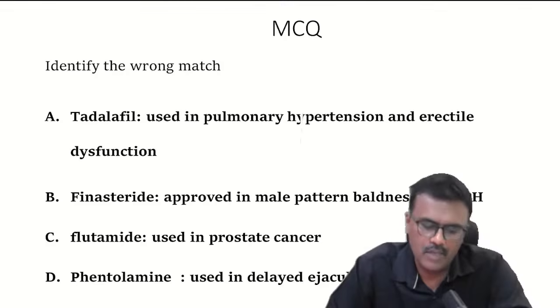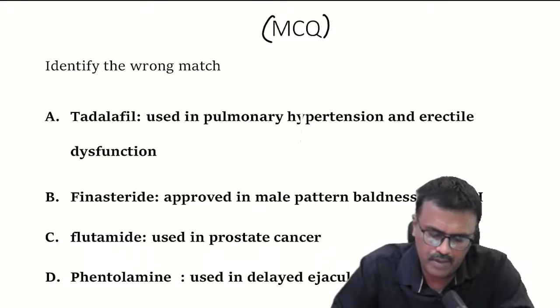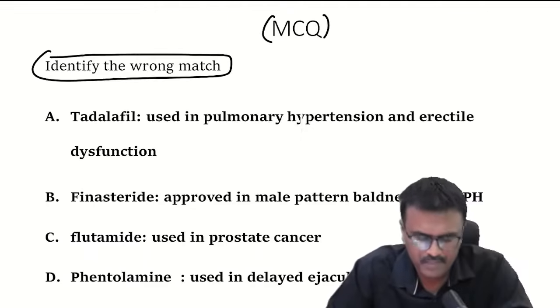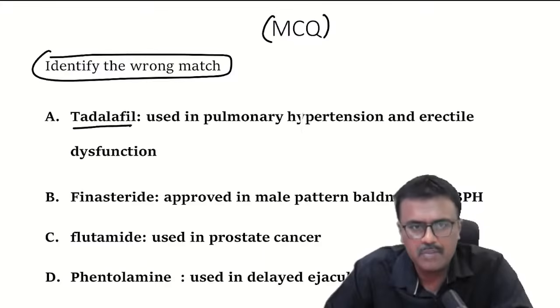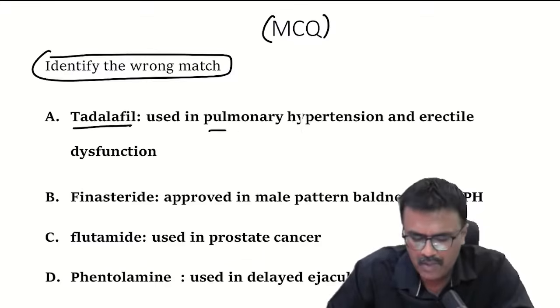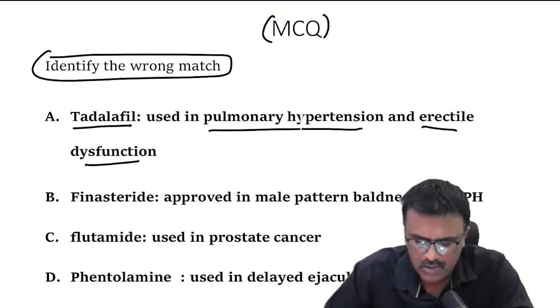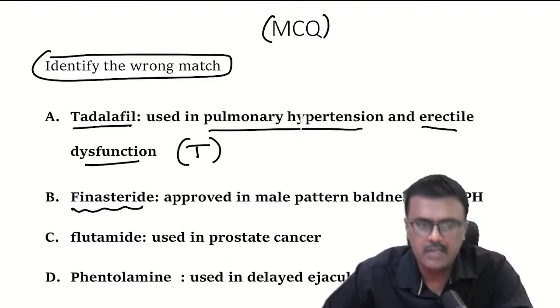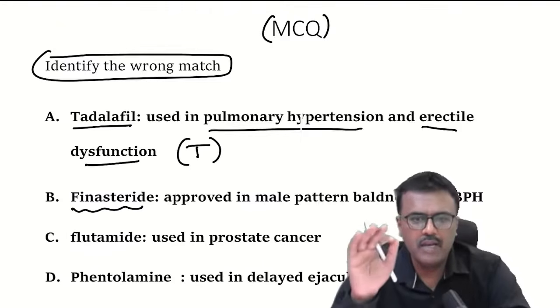Now moving on to the next question, identify the wrong match. Tadalafil, phosphodiesterase 5 inhibitor used in pulmonary hypertension and erectile dysfunction. True, I have told you that already. Finasteride, what does it inhibit? It inhibits 5-alpha reductase.